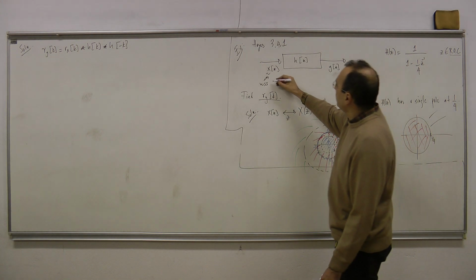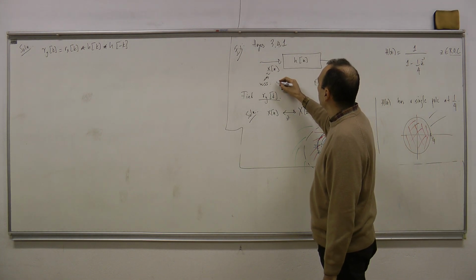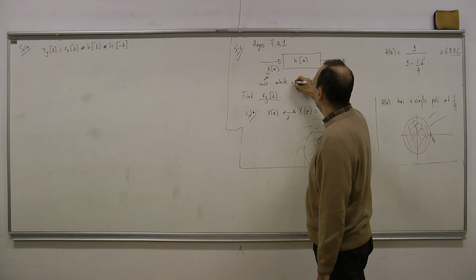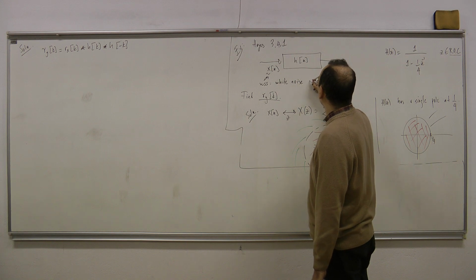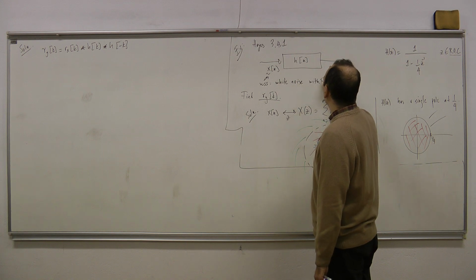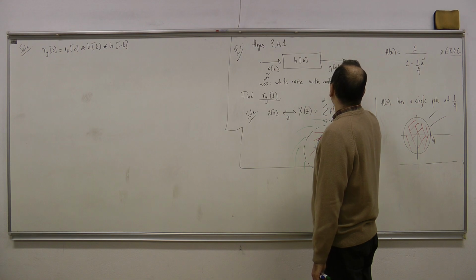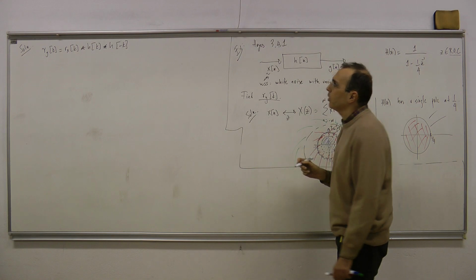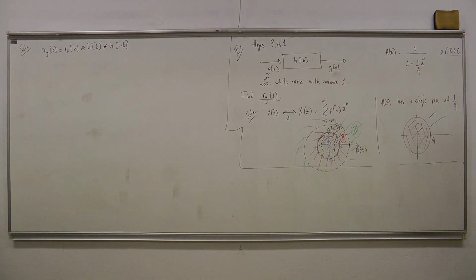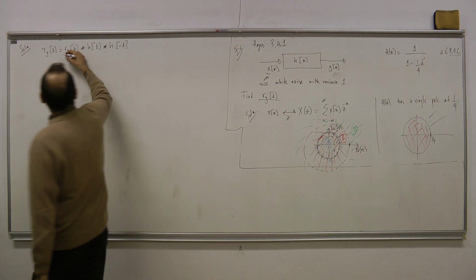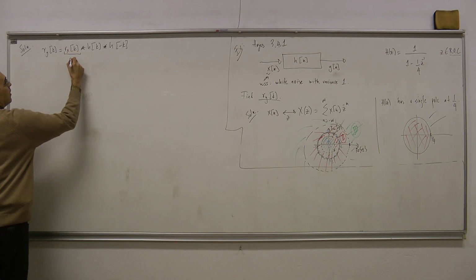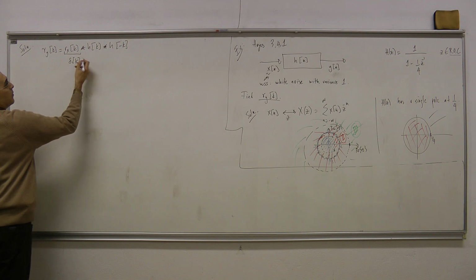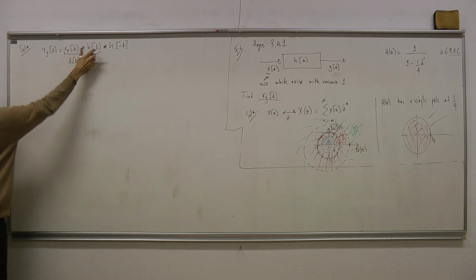Let's say that in this problem, x is white noise with variance, let's say, 1. Then Rx of k is delta k. No need to do convolutions because it's identity convolution.